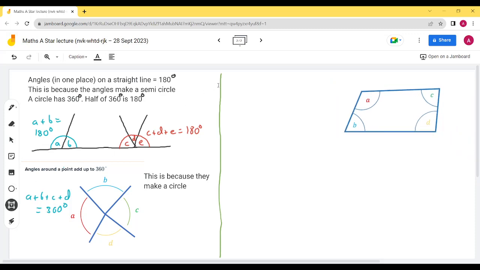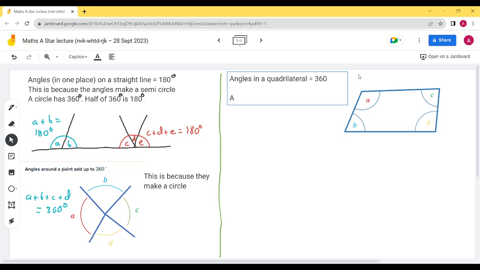Angles in a quadrilateral equal, just like a point, 360 degrees.